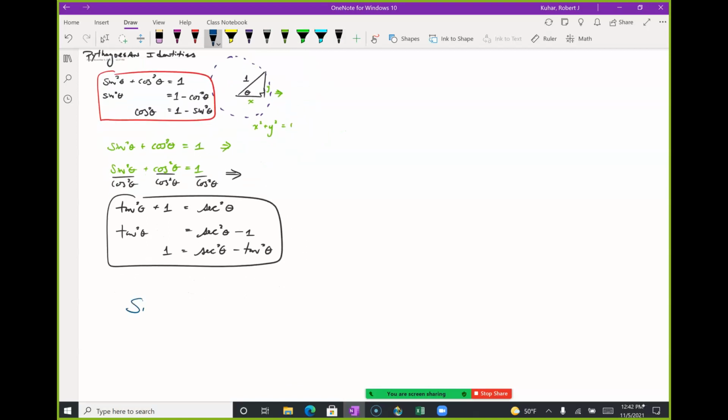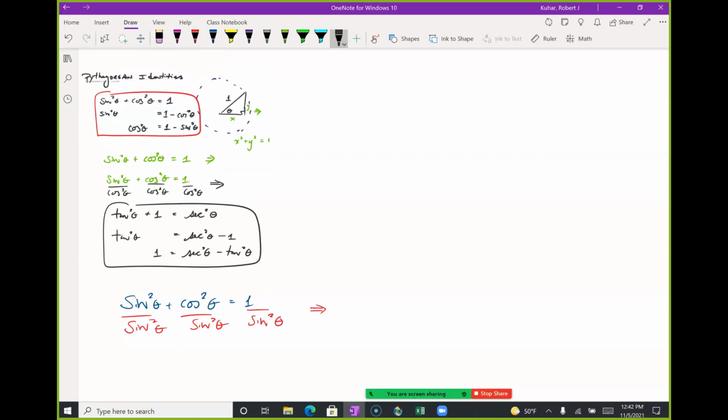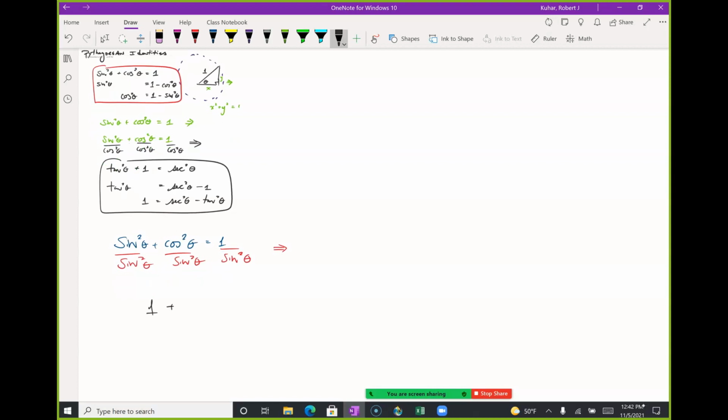All right, I have to start again from sine squared theta plus cos squared theta equals 1, but now I'm going to divide everything by sine squared theta. And I get 1 plus cotangent squared theta equals cosecant squared theta. And from there I'm going to get 2 others, right?